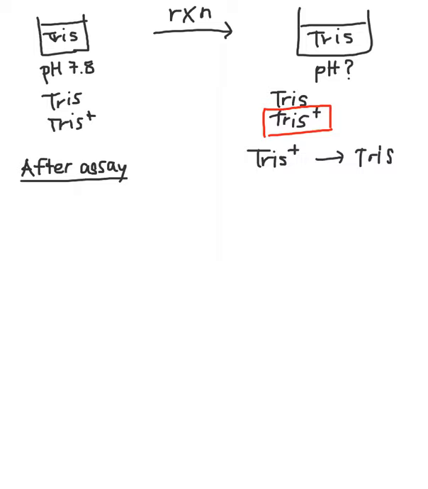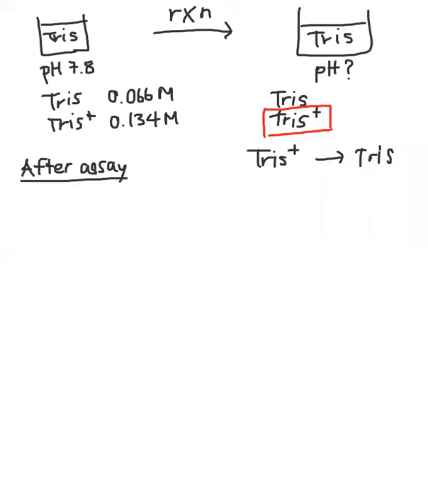So if you begin with Tris base 0.066 molar and Tris acid 0.134 molar, after the reaction your Tris acid would be decreased while your Tris base would be increased. We have to consider those changes because they will affect the final pH, because they change the ratio of Tris base and Tris acid.